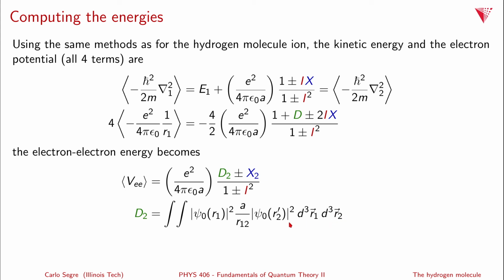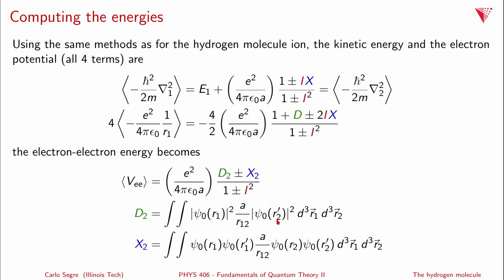So this says, what is the expectation value of this repulsive interaction when electron 1 is in a state that's sort of like a hydrogen-like state, and electron 2 is in a hydrogen-like state around the other proton. So there are separate protons. And that's a direct integral.